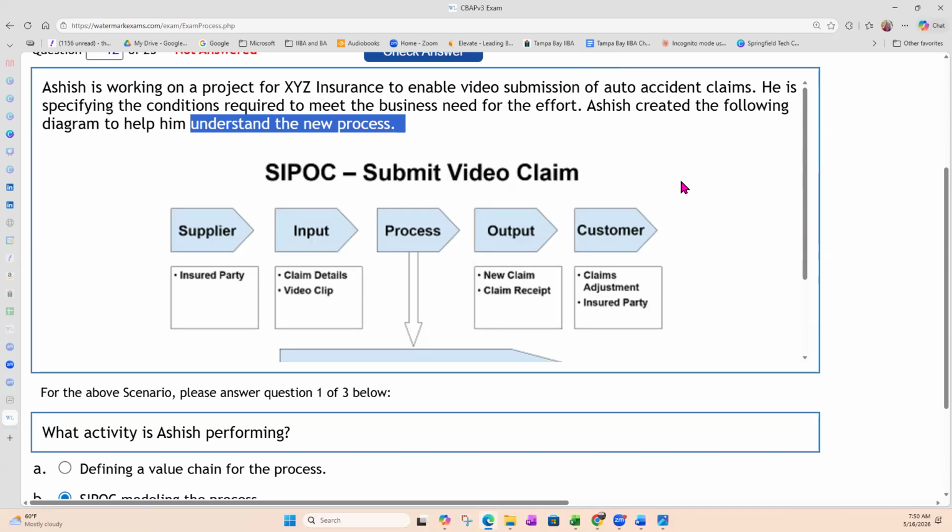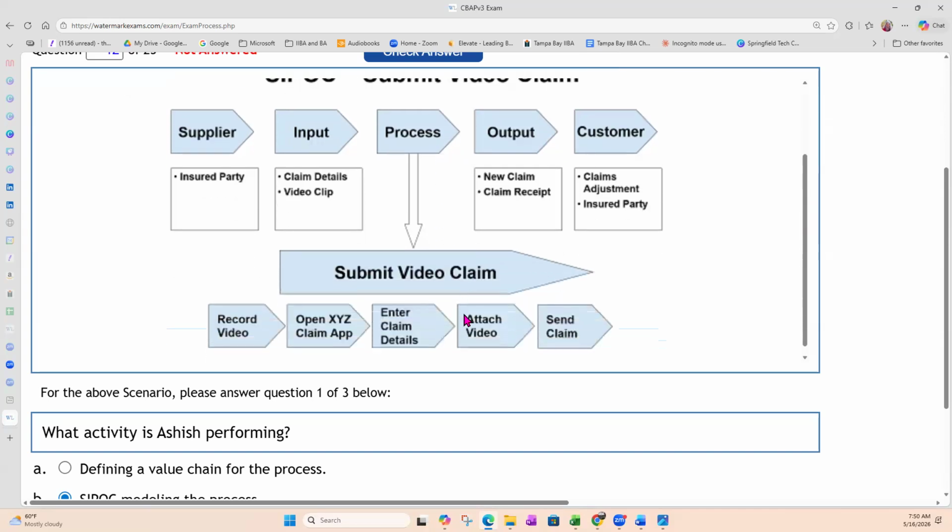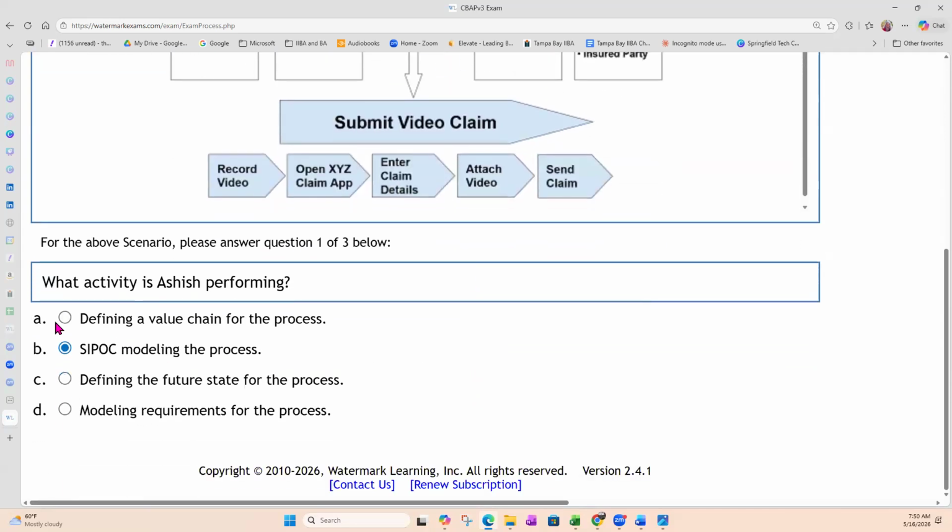It can also be. I think I'll go for B. It can also be a value chain for the process, or defining the future state, or modeling requirements for the process. Yeah, it's either A or B. Okay.